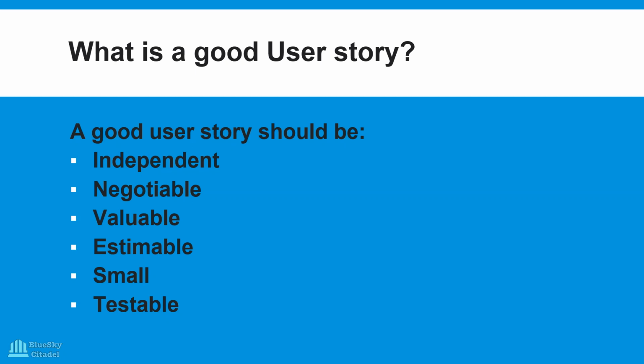The second one is negotiable. What this means is that a user story is not a contract. It's not like do this, do this, do that. Remember what we talked about in terms of the benefits of a user story. We said they form the basis for creative solution and design ideas, right? So negotiable means that when you write your user story, it's not the be-all and end-all. It's not like, oh, Madam BA is here, this is the user story, it's either my way or the highway.